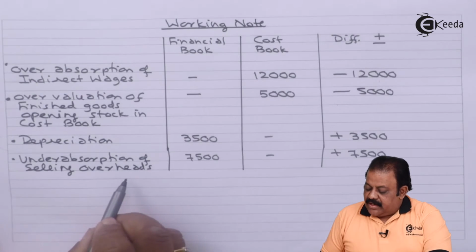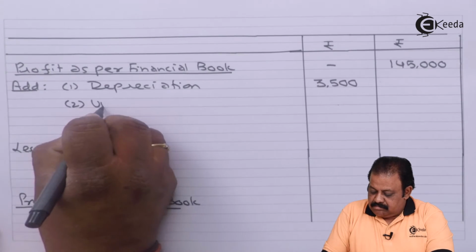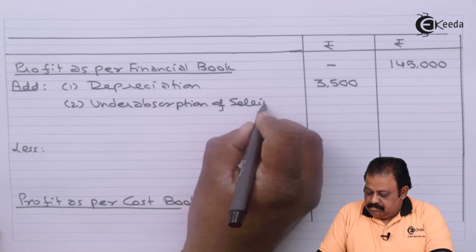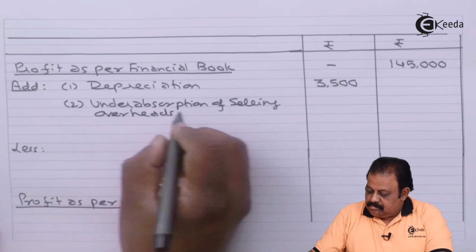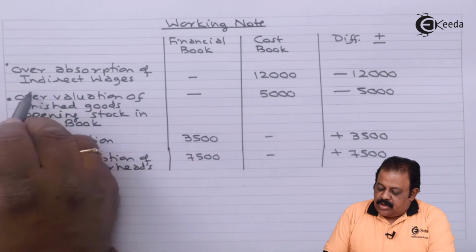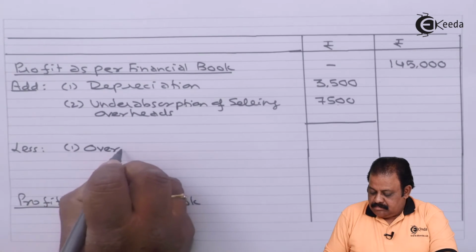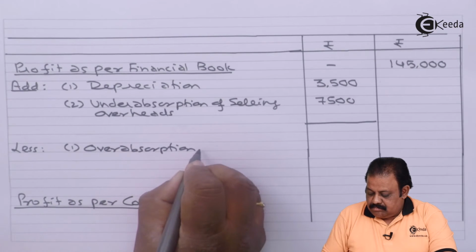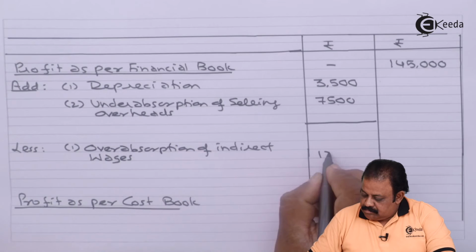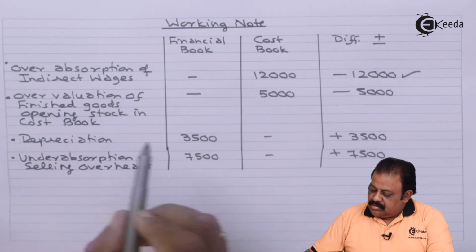Under absorption of selling overheads in financial book, 7,500. Over absorption of indirect wages, rupees 12,000. Overvaluation of finished goods, opening stock.